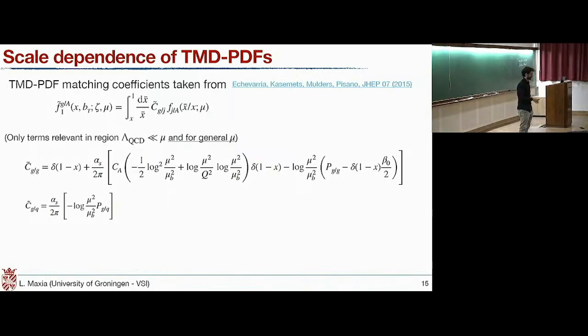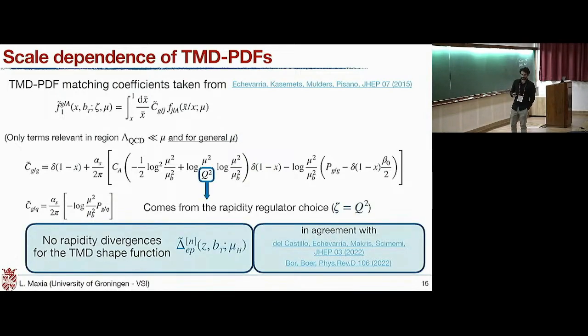Then you can say again, okay, it's the same stuff that you showed before. So it's not process dependent, because the TMD PDF is not process dependent at this level. But it's different, again, because this Q squared arises from the rapidity regulator, and you don't have rapidity divergences related to the TMD shape function.